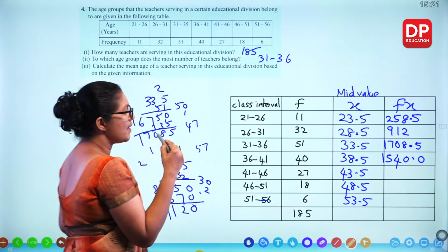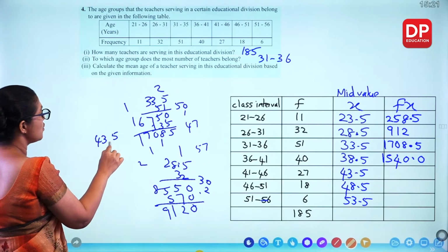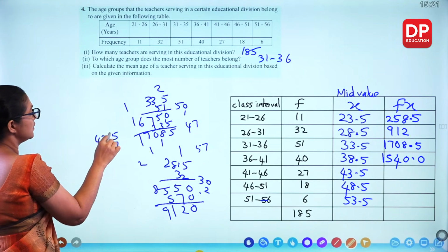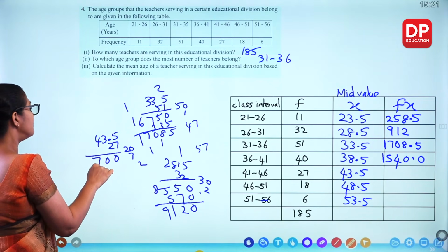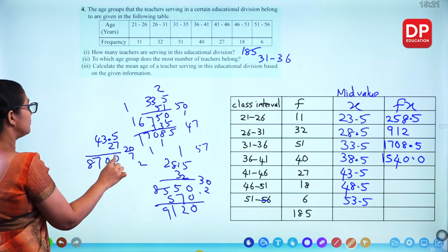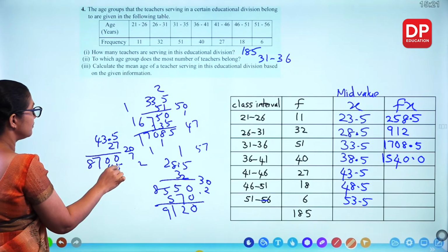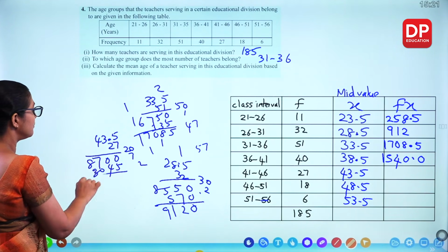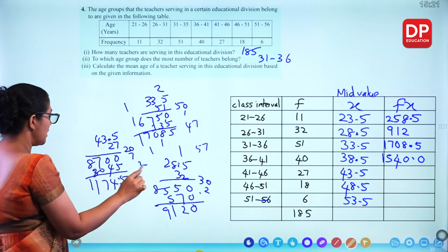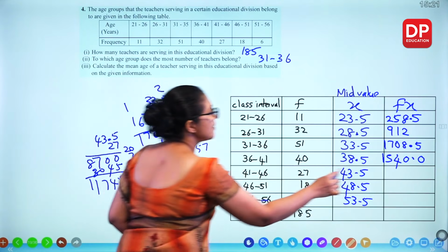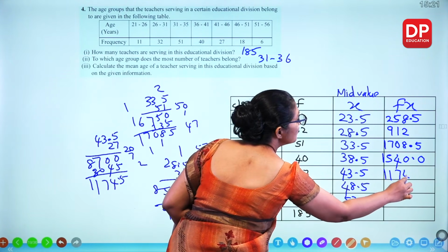Multiply by 27. 43.5 times 27, 20 and 7. That's 1174.5.